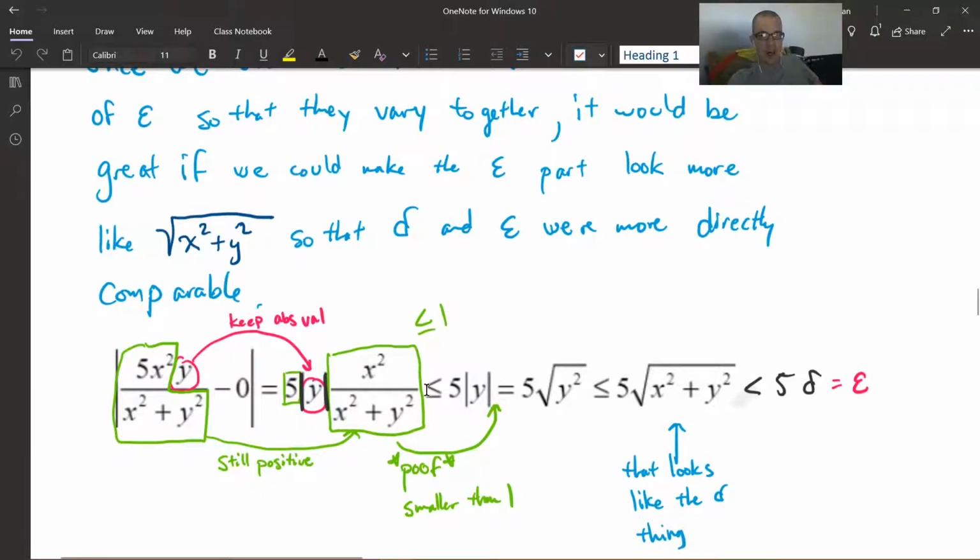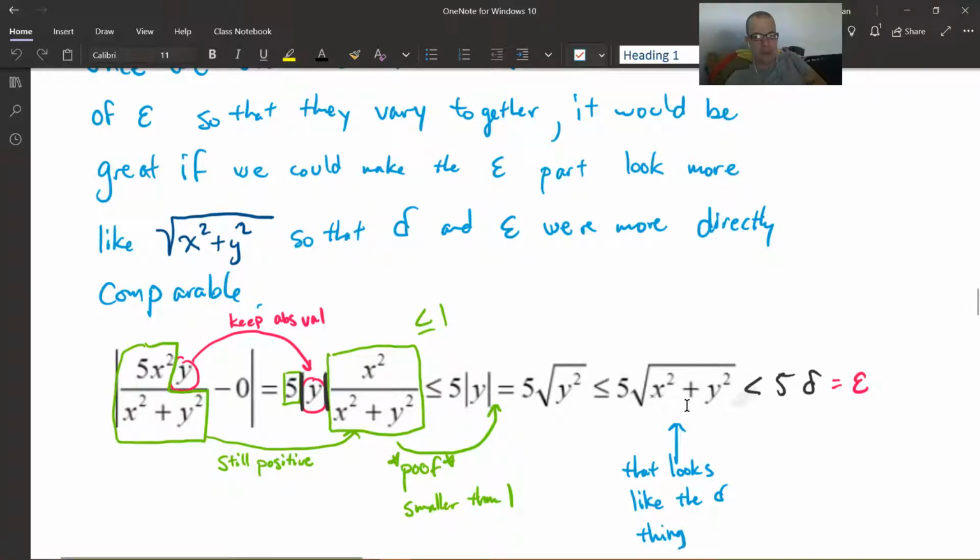And just say that now we have this is less than or equal to 5 times the absolute value of y. Now, the absolute value of y also has a cool alternate definition as the square root of y squared. That's how we get to the next part. And we can make yet another substitution in here where we add in x squared.